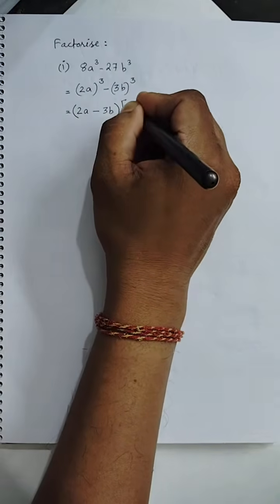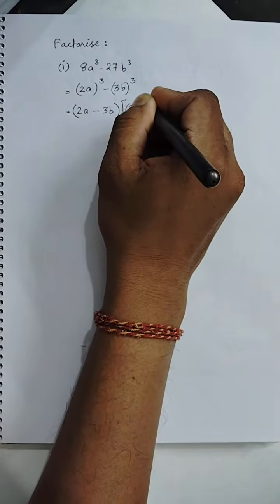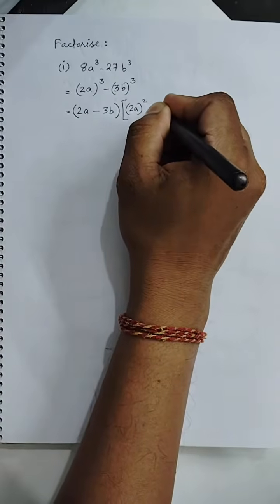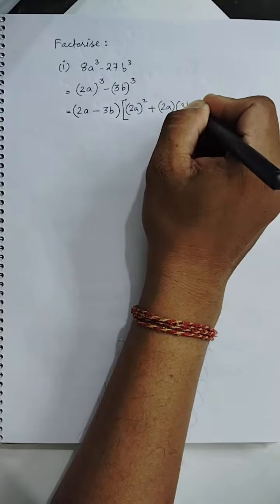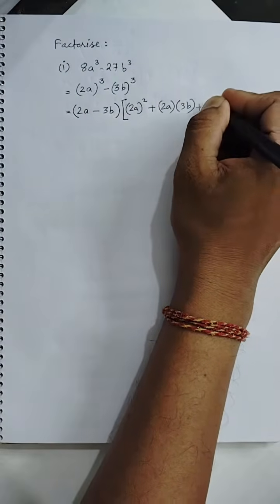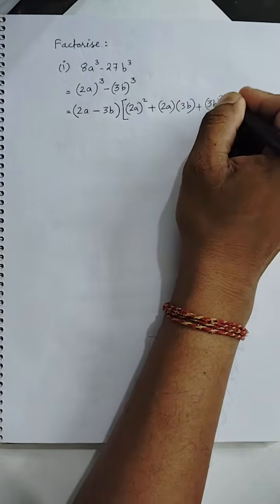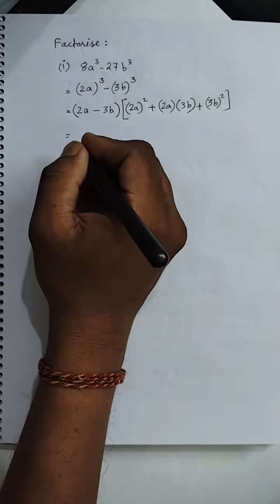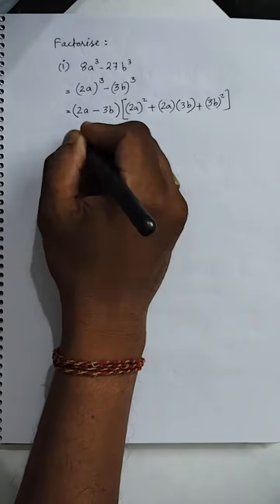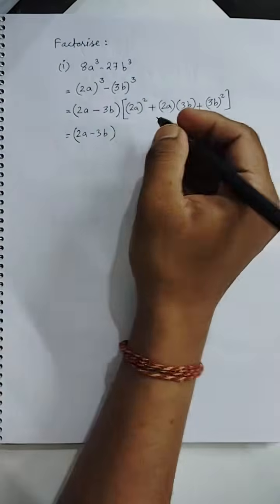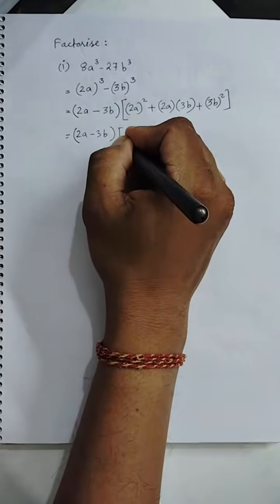Then we have 2a whole square plus 2a into 3b and plus 3b whole square. So our answer will be 2a minus 3b into, what is 2a whole square?